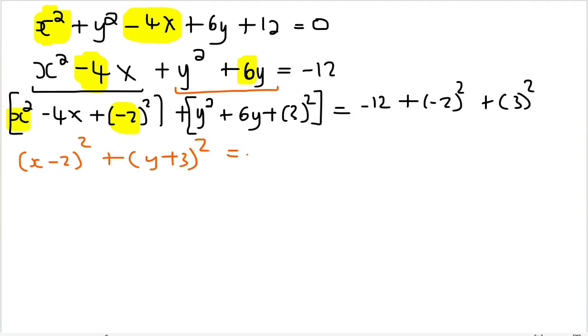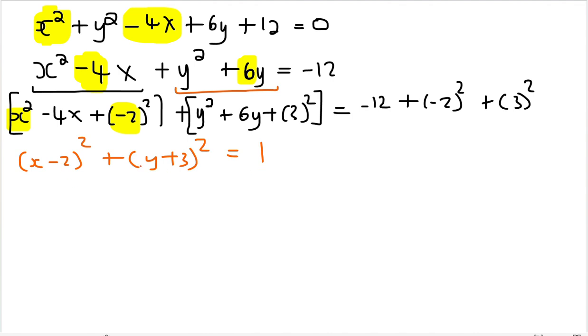So now let's see what is the answer on the right hand side. Let's put that on the calculator. It's negative 12 plus negative 2 squared plus 3 squared, and the answer for that is 1.